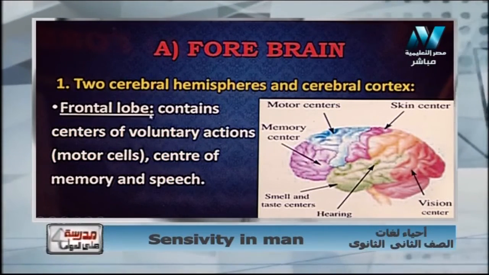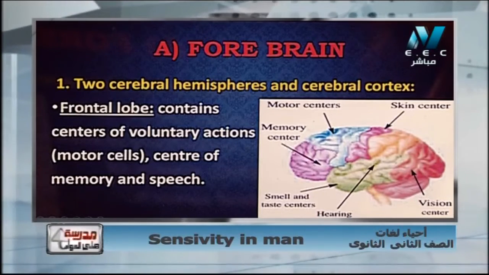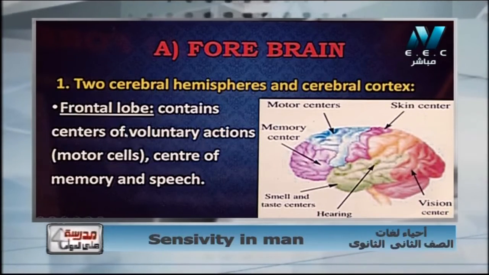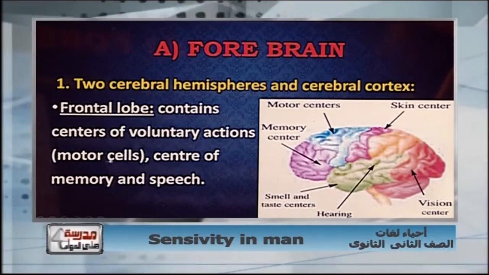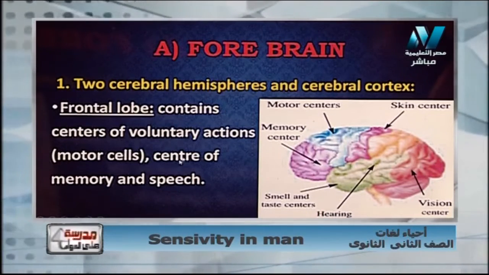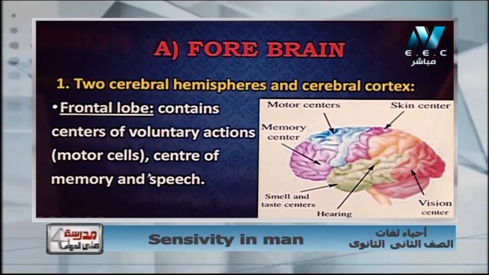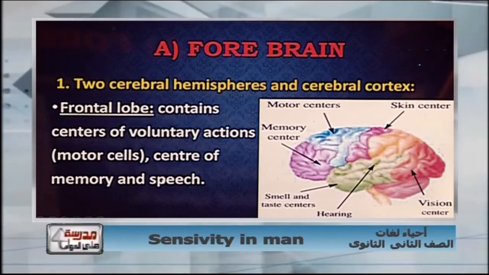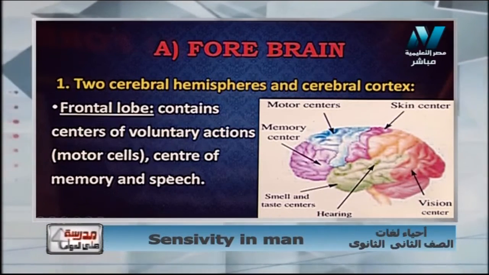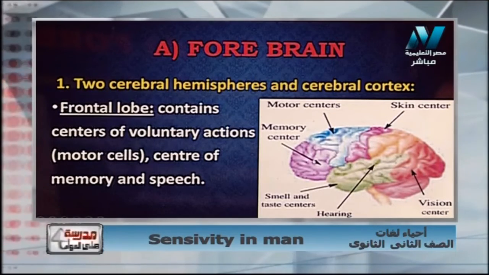The frontal lobe, and here is the frontal lobe, contains the centers of voluntary actions or motor cells, the centers of memory, thinking, reasoning, and speech. All of these centers are located in the front part of the brain hemispheres.